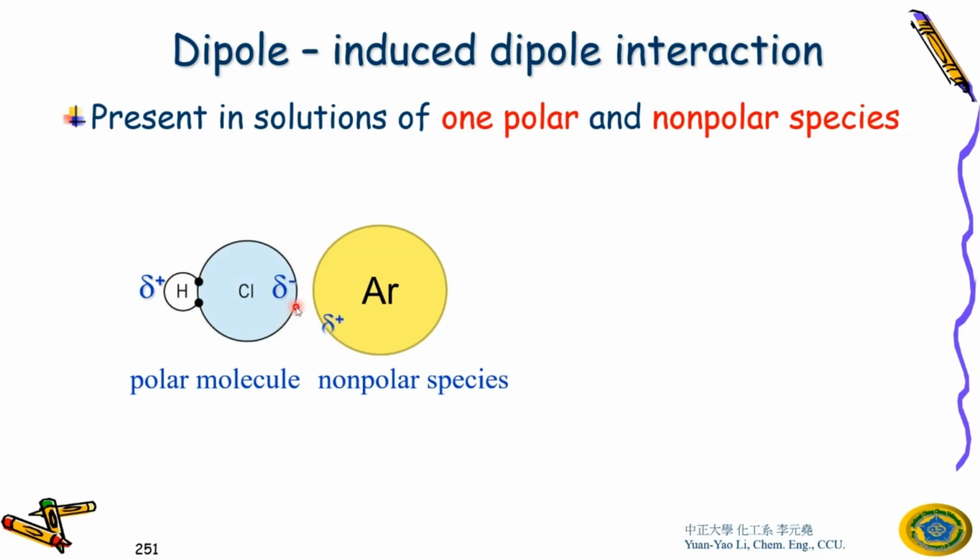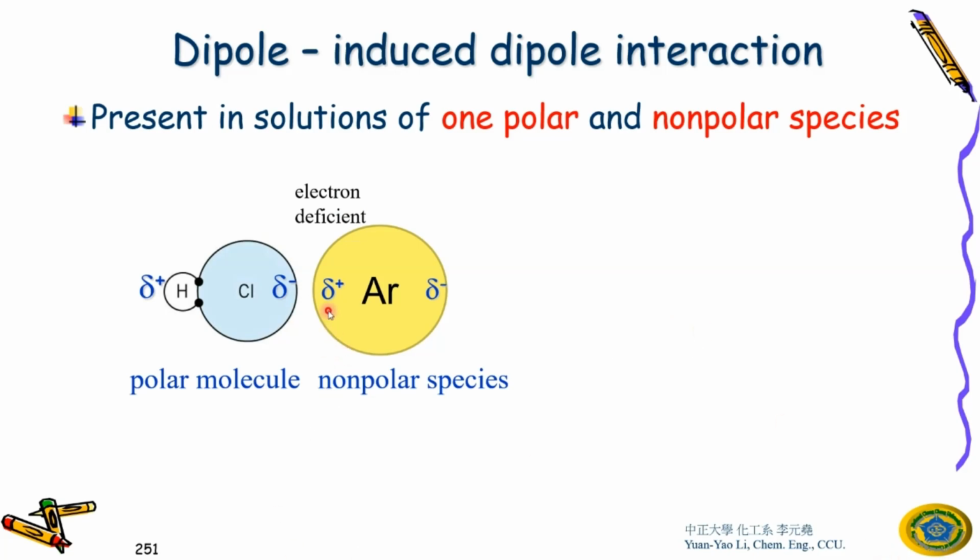So this place will have more positive charge, and this place will have more negative charge. This is called an induced dipole.